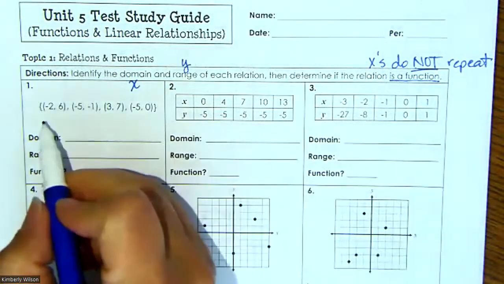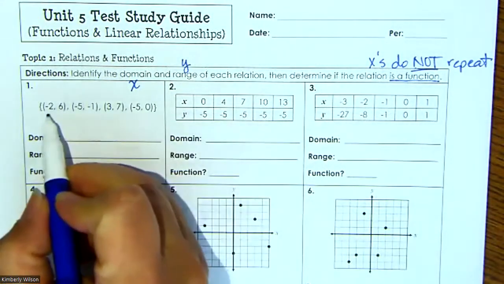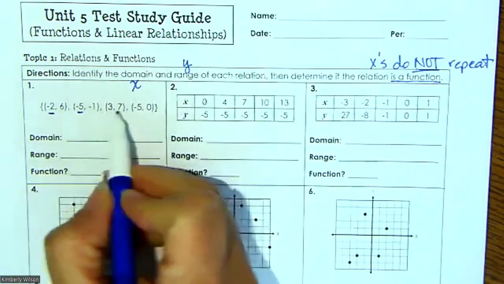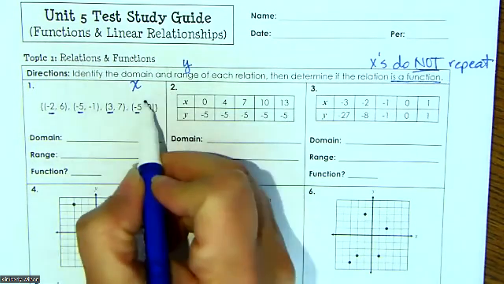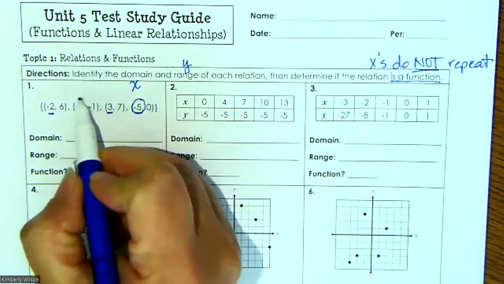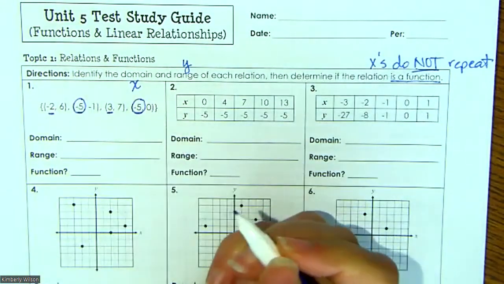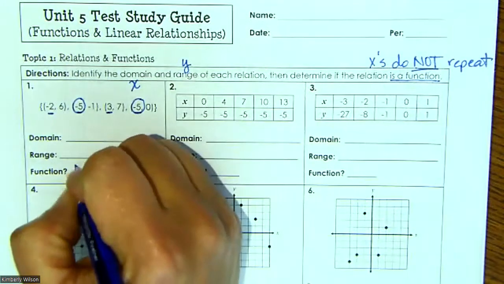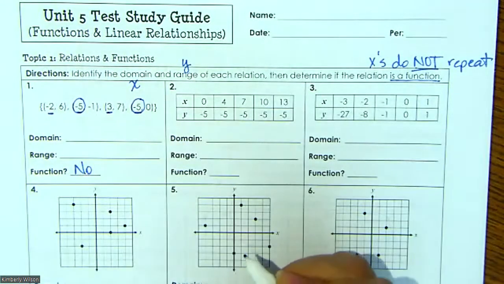So if I'm looking at number 1, I go through and I look at all of the X's. What I notice is the -5s repeat. So therefore, I know right away that this is not a function. So for the function question, it is a no.